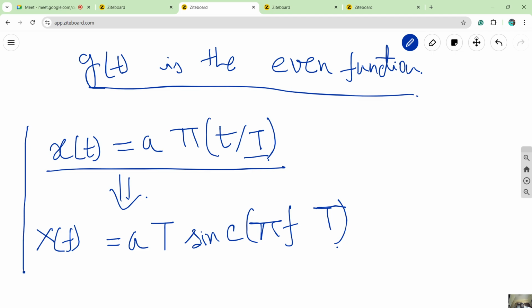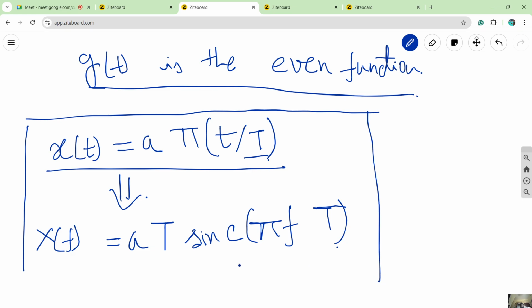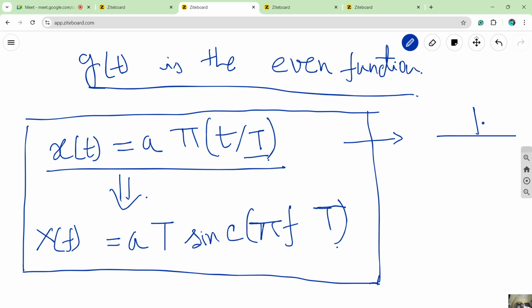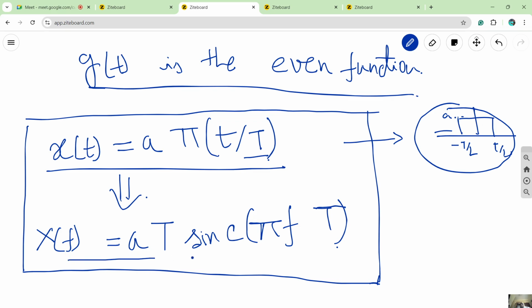So if there is a signal in the time domain like a rectangular shaped signal of time period T, that is minus T by 2 to plus T by 2, like this signal, this sort of signal will have this sort of sinc representation in the Fourier domain.